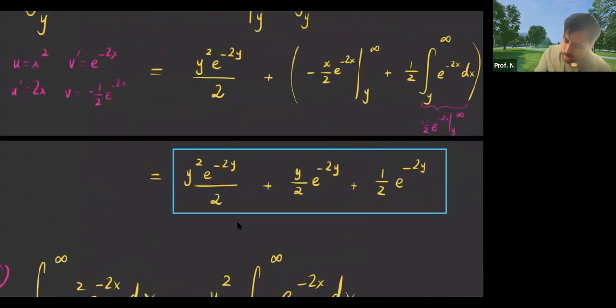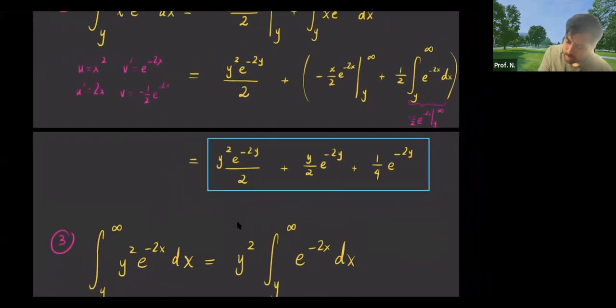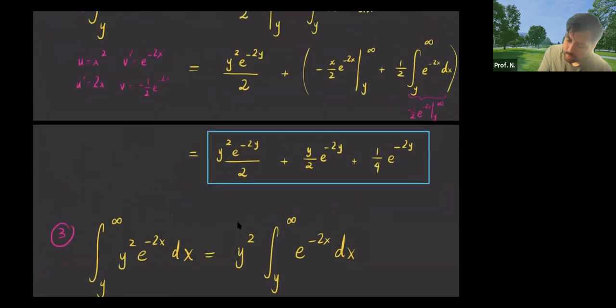This is e. So if you plug in infinity, this is half. This should be 1/4, because you're multiplying the 1/2 to this 1/2 when you plug in the y. So it should be a fourth. But we did this one here.